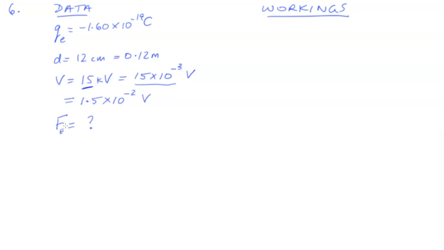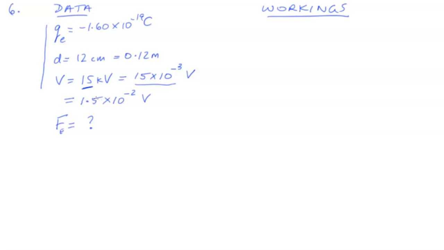Do we have enough here? Normally, the equation for force is F equals QE. Well, we don't have E, but we do have these values here. So what from there can help us to determine what the value for E is?